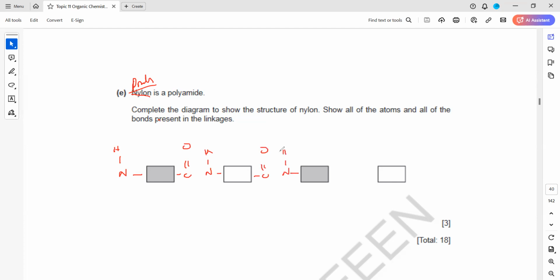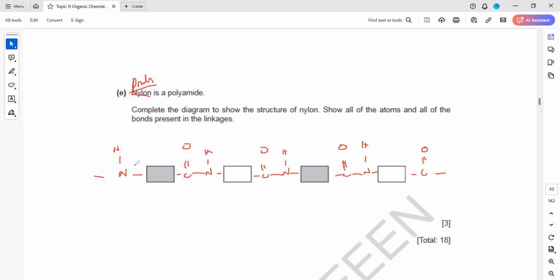Same way, one side amine, other side acid. If they say draw the structure of a protein and we link them together, then this is how we should draw. One side amine, one side acid.